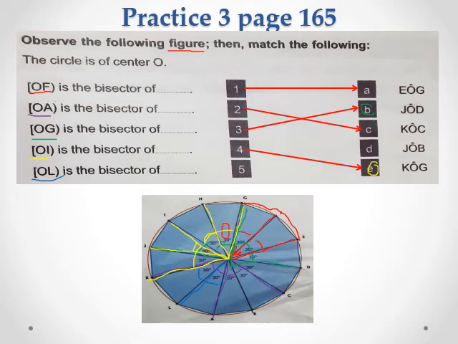So let's take two angles to the left and two angles to the right. JOL equals 60 degrees and LOB equals 60 degrees. Here this angle is 60 degrees. So now I can say that OL is the bisector of JOB, which is written here in part D, so it's the correct answer.